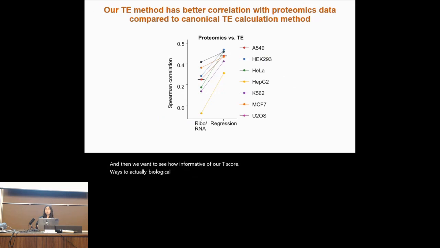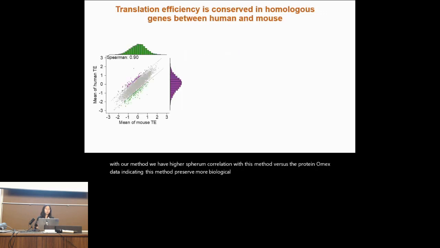We compared our TE with the proteomics data for 7 cell lines, and compared this with the canonical way to calculate TE. As you can see, with our method we have a higher Spearman correlation versus the proteomics data, indicating this method preserves more biological information. Then we tried to see the correlation between human TE and mouse TE.